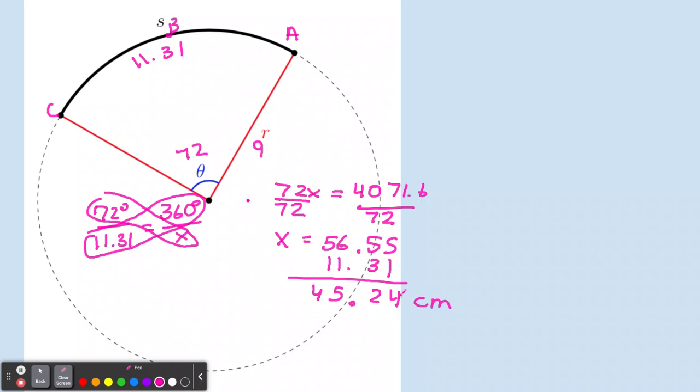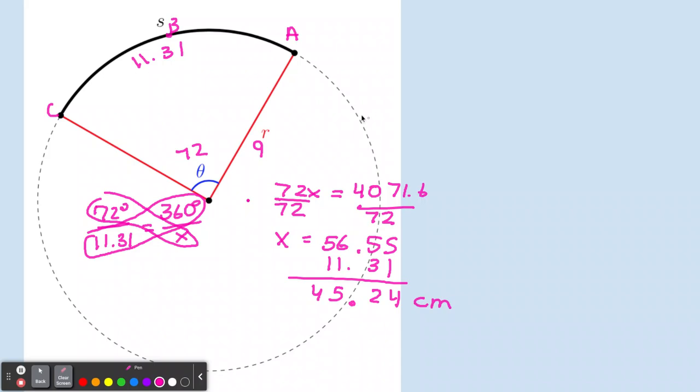So the entire circle is about 56.55 centimeters. The arc length from ABC was 11.31. And so the rest of the circle would be 45.24.